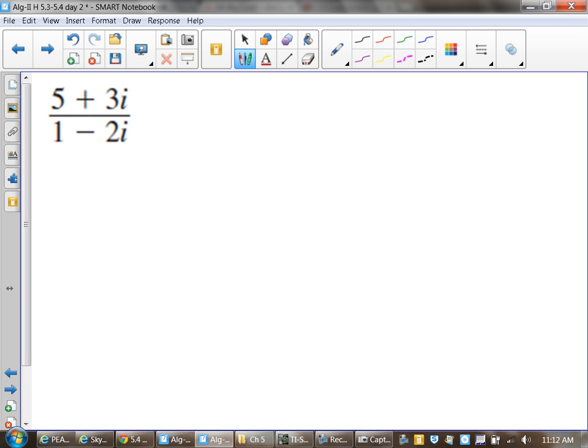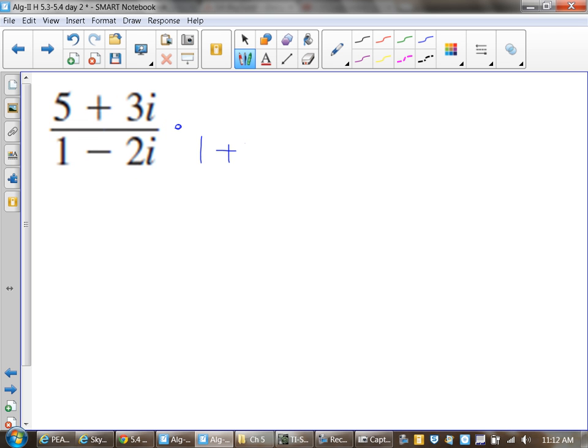Think about the problem we just had: 6 minus 3i, 6 plus 3i. When you multiplied those out, the i's went away, right? A conjugate is basically the same values with the opposite sign in the middle, with an opposite operation. So if I want to get rid of this 1 minus 2i in the denominator, I multiply by 1 plus 2i.